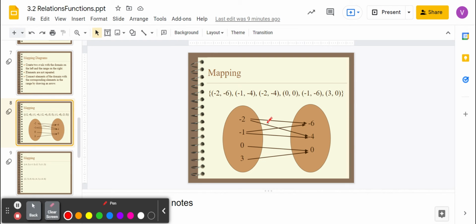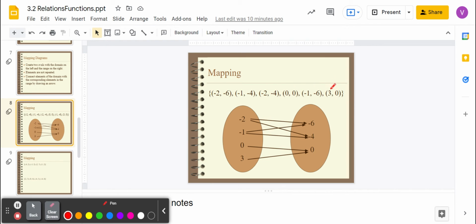Now you want to draw a line connecting each x to its y. So if I have -2 as my x value, it's correlating or corresponding to the -6. You want to draw a line from -2 to -6. -1 corresponds to -4. You want to draw a line, so on and so forth.